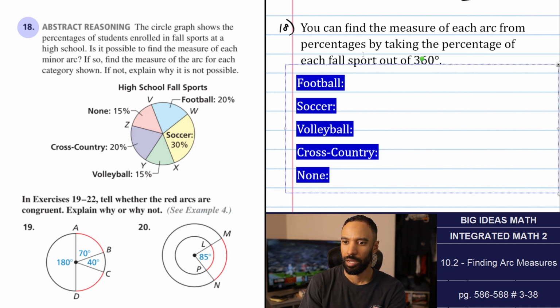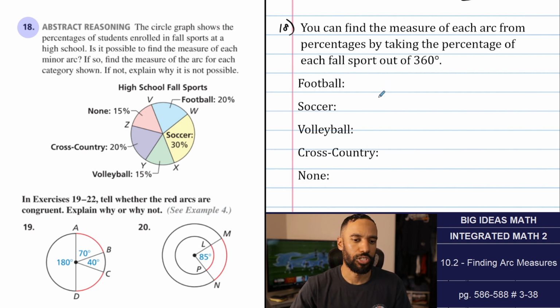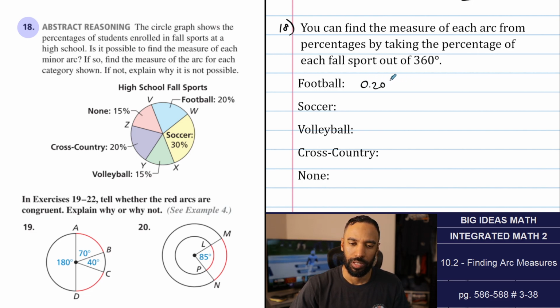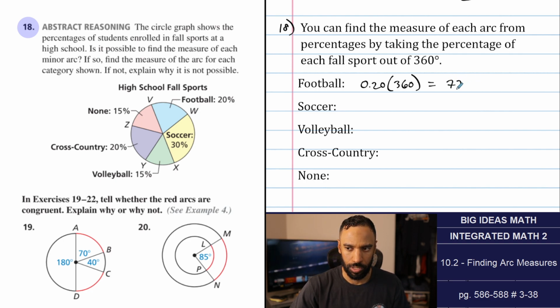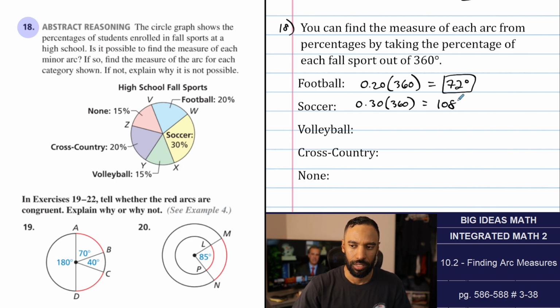So for football, I'm trying to tab over. I guess I can't. For football, we're going to take 20%, multiply 0.2 times 360, which is 72 degrees. And then soccer, we're going to take 30% of 360, 0.3 times 360, which is 108 degrees.